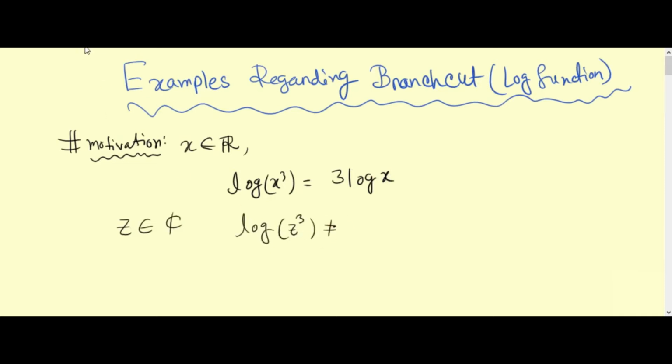That is, log z cube will not always be equal to 3 log z. And this is the thing that makes the complex logarithmic functions really interesting, and now we want to see some examples of it.